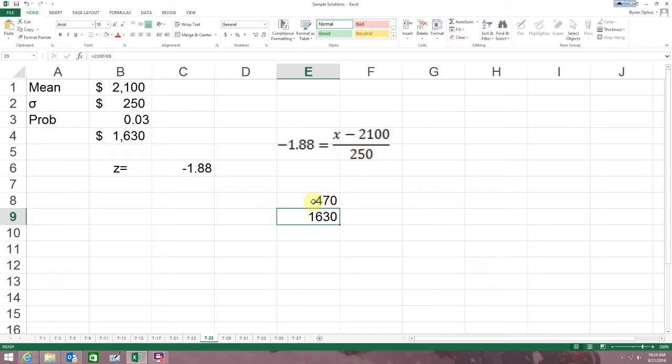So I get a minus 470, and now I've got minus 470 is equal to x minus 2100, so I can then add that 2100 to both sides, and that'll solve for x. I could have done that either way, right? I could also have said it's equal to this plus my 2100. Okay, and I end up with $1,630.